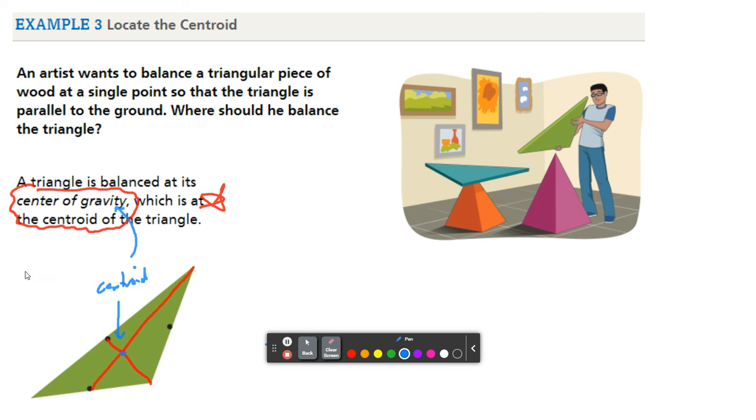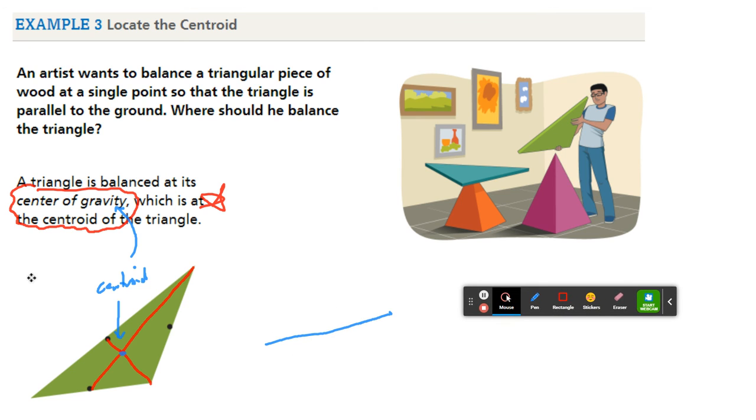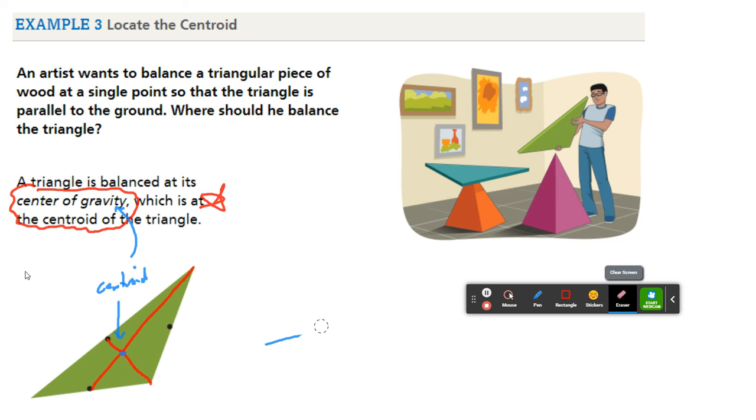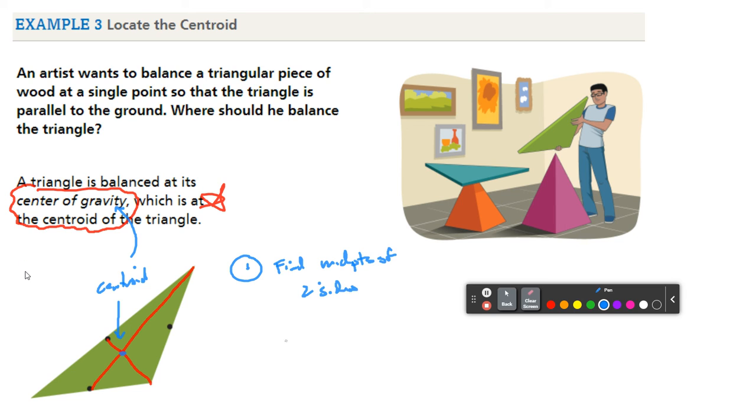So again, the process here, if you want some steps on how to find this, give me one second, what am I looking for? Back, eraser. So the first step, step 1, you need to find midpoints of 2 sides, which they did for us, the dots.